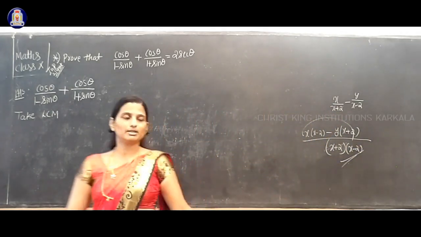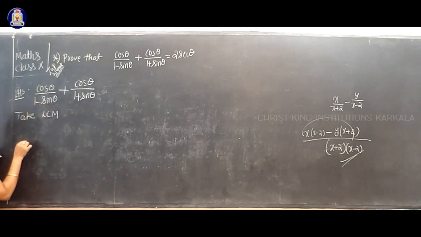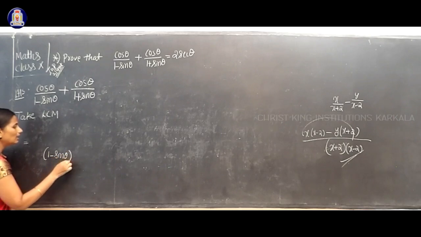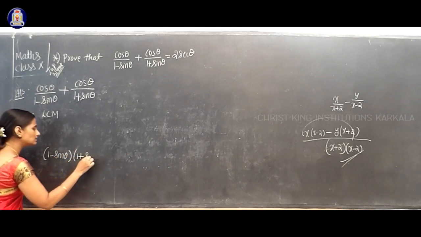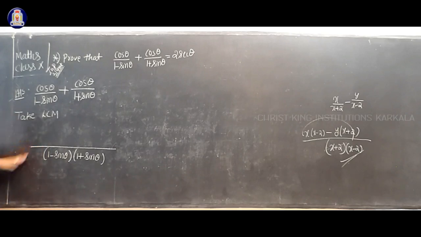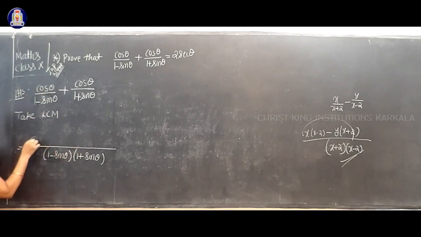So follow the same method for this one. Your LCM is (1 minus sin theta) into (1 plus sin theta). Next, the numerator. How to get the numerator is by multiplying. See, 1 minus sin theta and 1 minus sin theta, assume it cancels. What is left here? Cos theta into (1 plus sin theta).